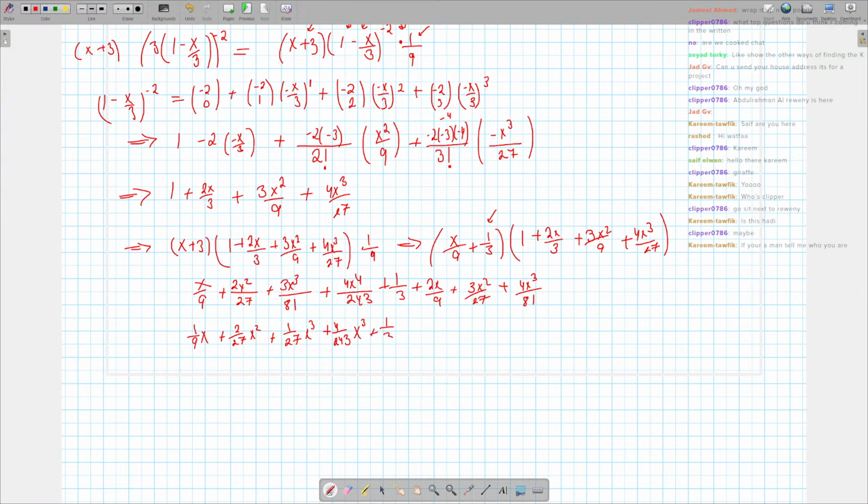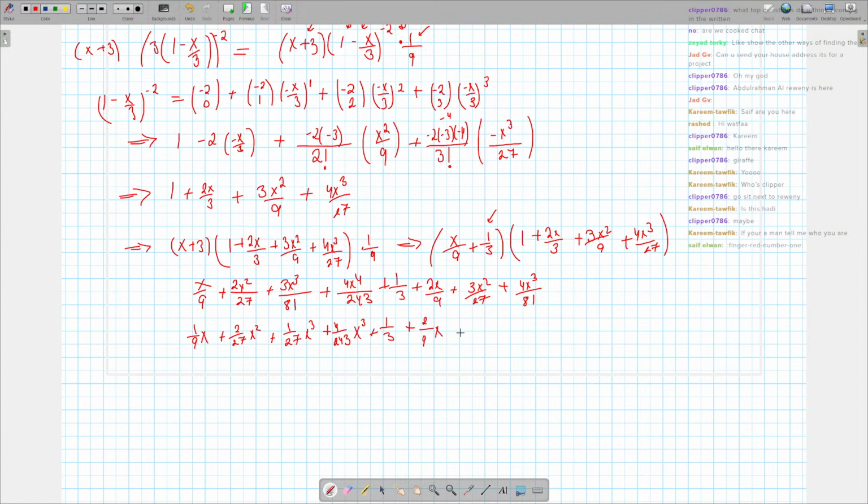Plus now 1 over 3, plus 2 over 9 x, plus 3 over 27, which is 1 over 9 x squared, then plus 4 over 81 x cubed.